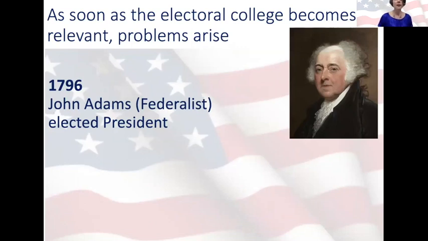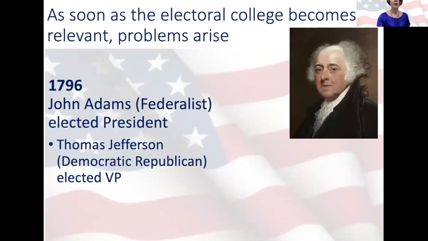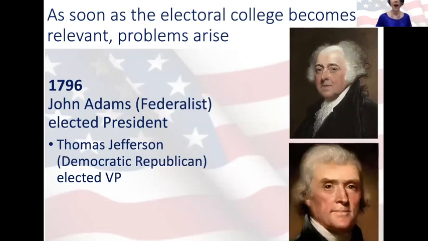But because of the strange method of selecting a vice presidential candidate, that is, it just goes to the runner-up, his arch nemesis, Thomas Jefferson, who's from the opposite party than him, John Adams was a Federalist, Thomas Jefferson was a Democratic Republican, Thomas Jefferson becomes Adams's vice president. Thomas Jefferson spends his 4-year tenure as Adams's vice president, mainly at Monticello, organizing the Democratic Republicans' opposition to the Federalists and by extension to the Adams administration.